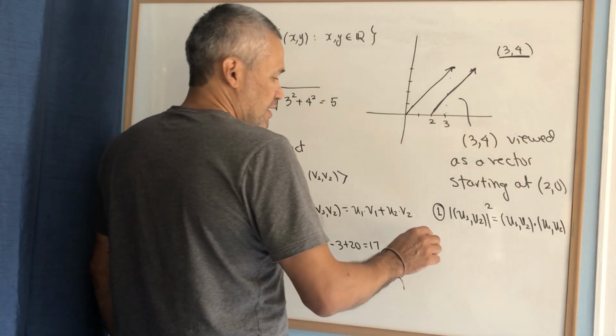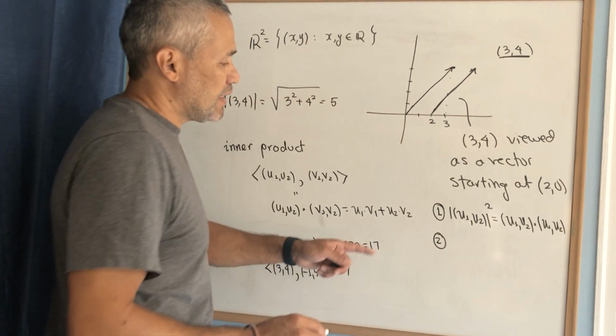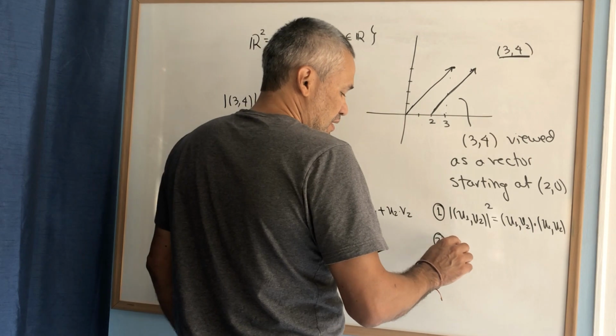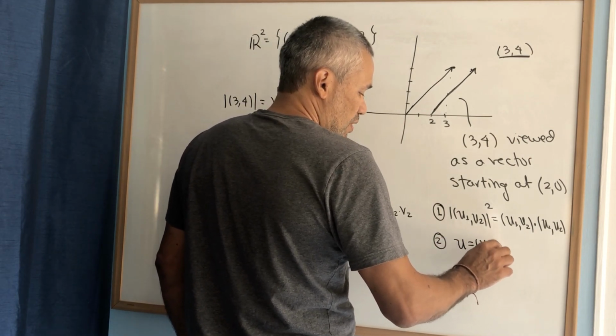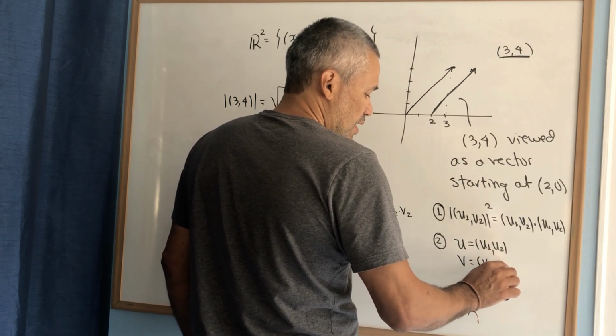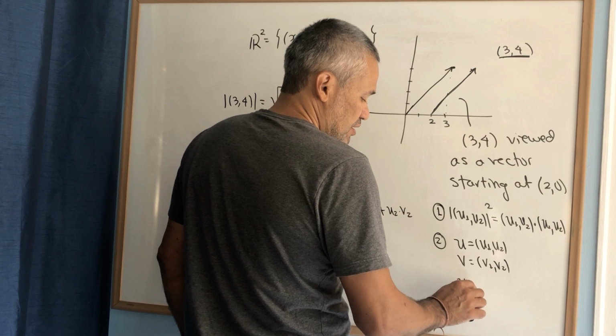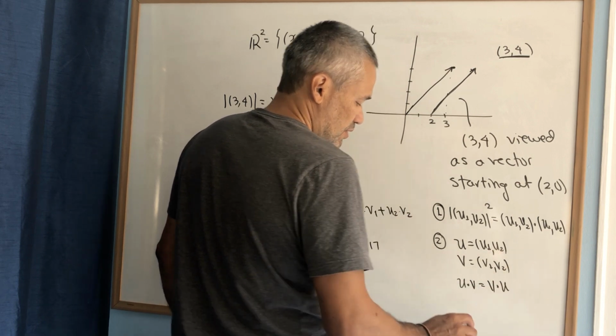We also have that the dot product is commutative. Let's suppose that u is (u1, u2) and v is (b1, b2). Then u dot v is v dot u.